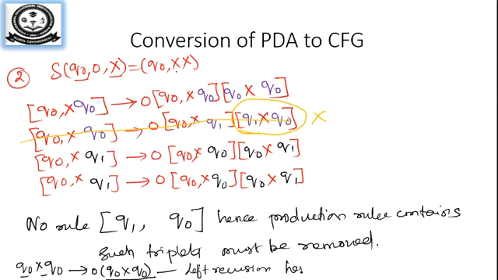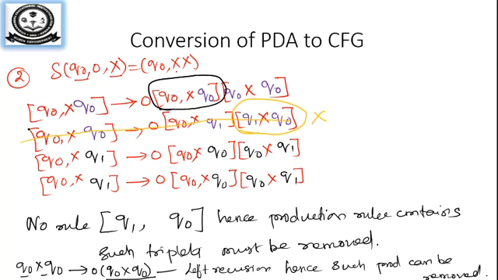Hence, such productions can also be removed. So we will see what productions are like that. So 0 x 0, you can't have 0 x 0, so your start and end symbol are similar. So we will remove this production also.